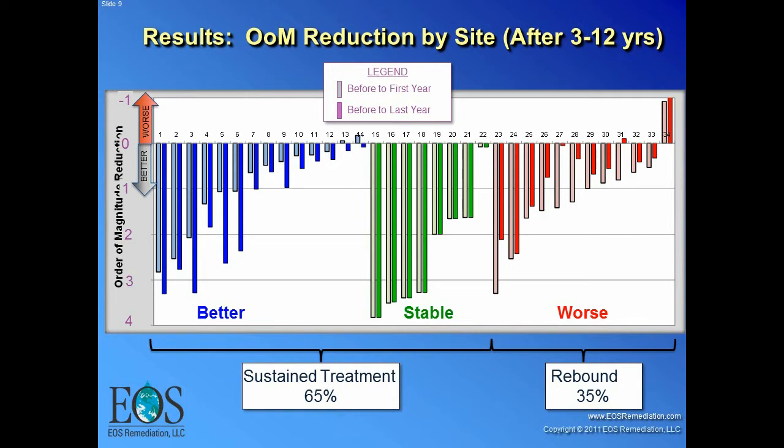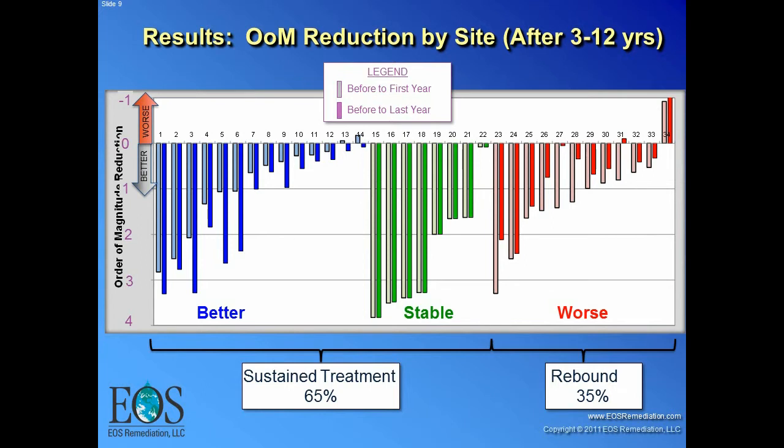Now, there were 35% of the sites where there was at least some evidence of rebound. If you look at the first few orange bars, like that first one, the first year after treatment it was a 3 order of magnitude reduction, versus at the end of the project it was only 2. Well, that's still pretty good.